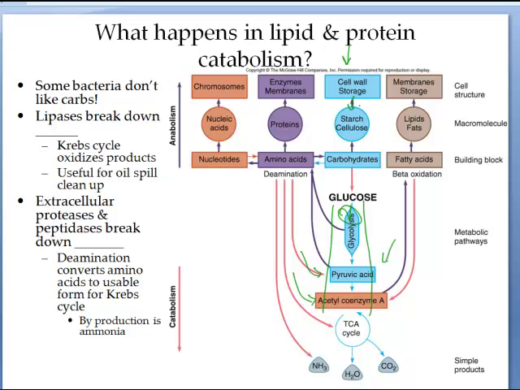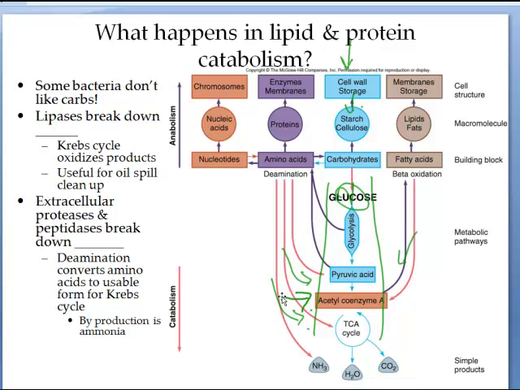The process has 3 main phases: glycolysis, the Krebs cycle, and the electron transport chain. The preparatory cycle is the one between glycolysis and the Krebs cycle, where you convert your pyruvic acid to acetyl coenzyme A.